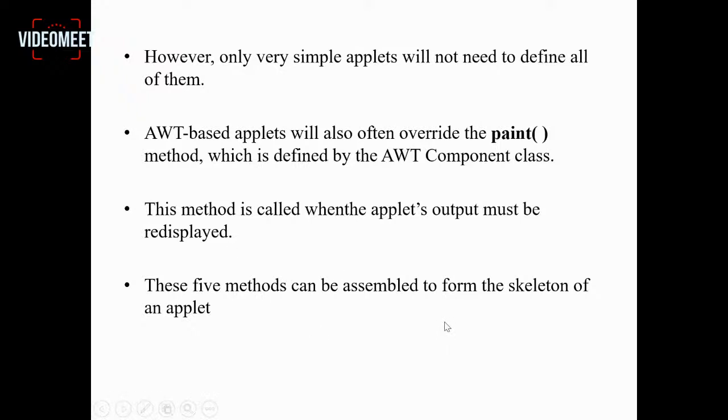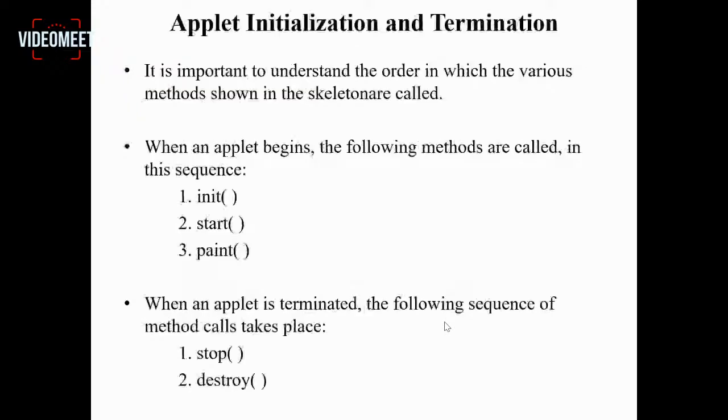These five methods can be assembled to form the skeleton of an applet. What do we mean by the skeleton of an applet? Your applet contains all these five methods, so they form the skeleton of the applet, or we can also call them the life cycle of an applet. The methods are called life cycle methods. So, applet initialization and termination.